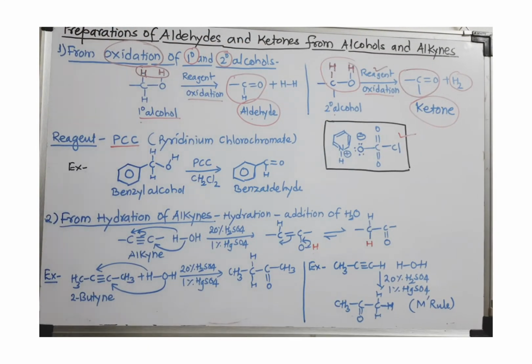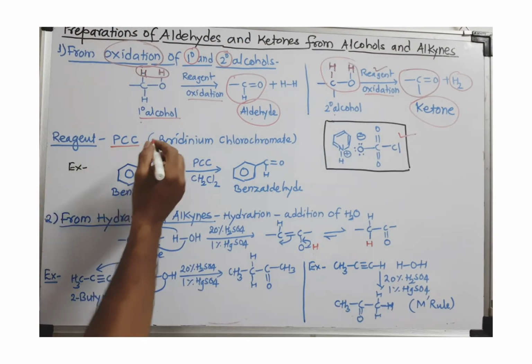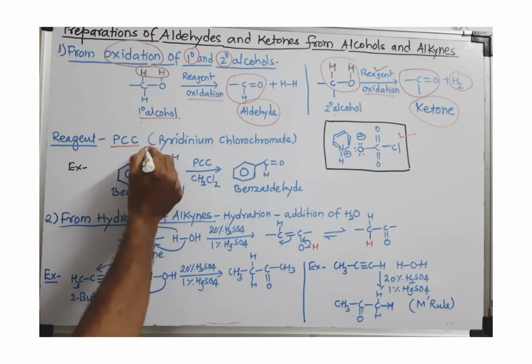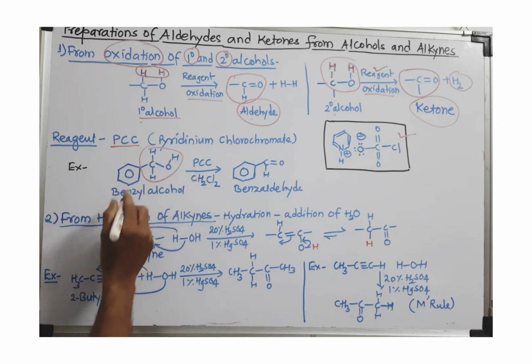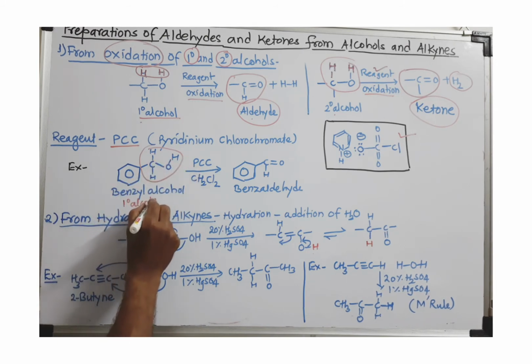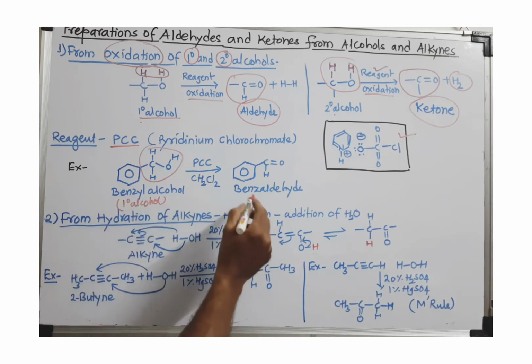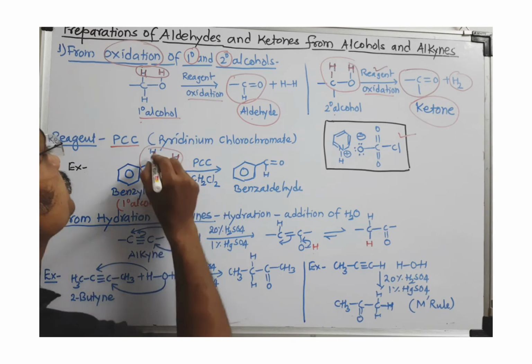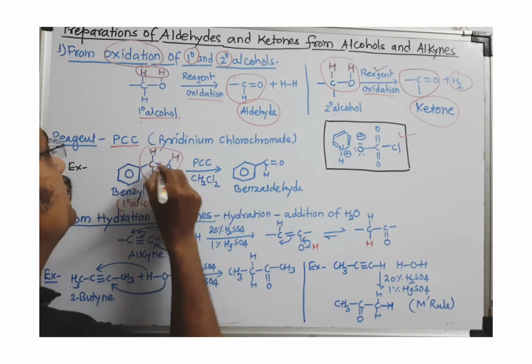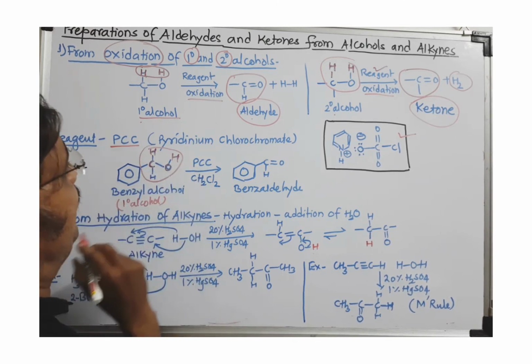Now I'll quote one example. First of all, watch which alcohol it is. CH2OH group means it is a primary alcohol, and you know primary alcohol gives aldehyde. So you have to remove hydrogen from the oxygen and the hydrogen from the carbon where oxygen is attached.